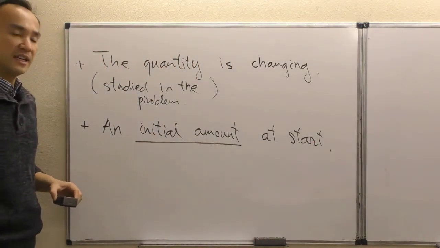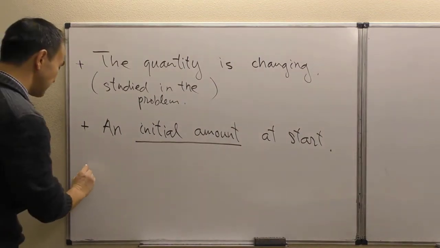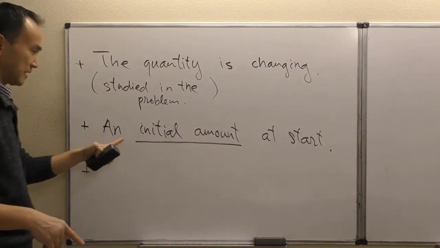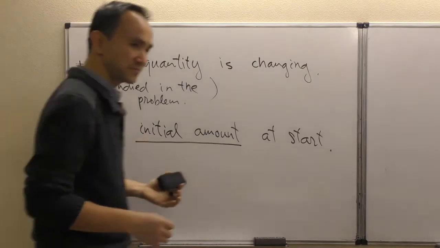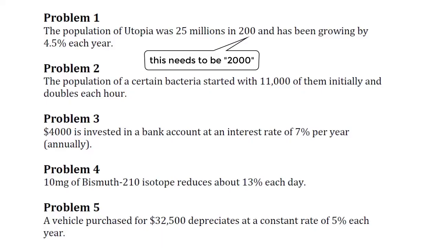And for each problem, say right here, see the population of Utopia was 25 million. This is the initial amount here.